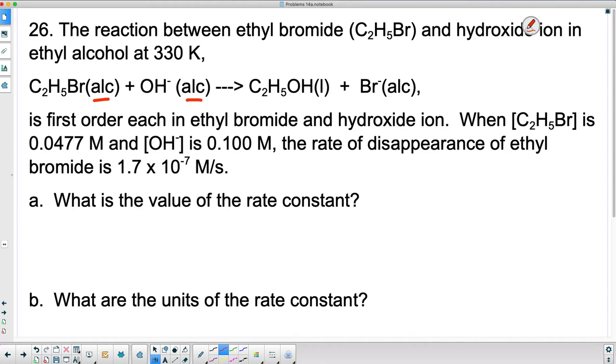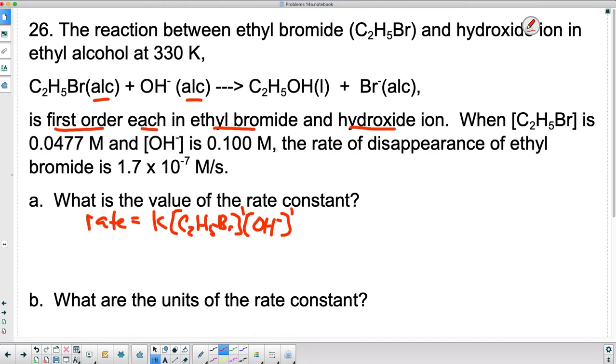So what we're looking at is that, first of all, we have first order for each ethyl bromide and hydroxide ion. So that means that the rate from my rate expression is k times the concentration of ethyl bromide and hydroxide ion, both with ones at the top here.